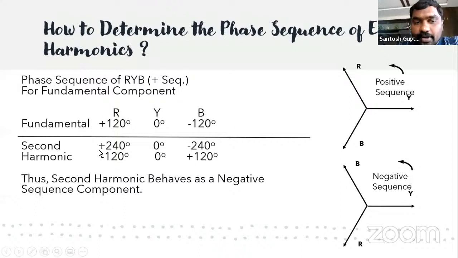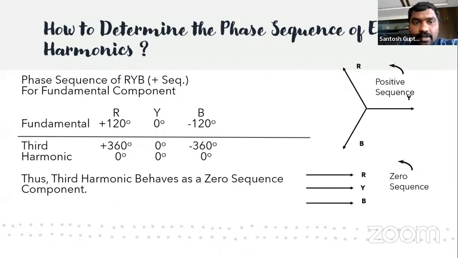So it will be 240, 0, and minus 240. This 240 can be represented as minus 120, and minus 240 can be represented as plus 120. So we have 120, 0, and minus 120, and the second harmonic has a phase sequence which is exactly opposite to the fundamental. It means that this behaves as a negative sequence component.